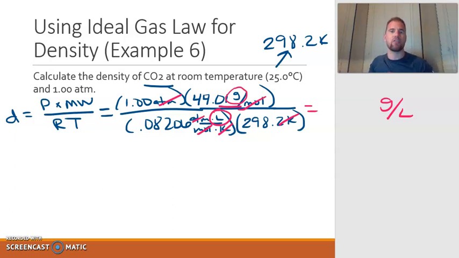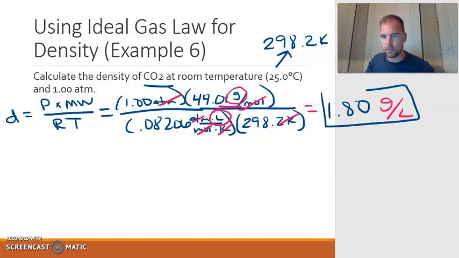We actually just leave it in grams per liter. All right, so all I have to do is just calculate this. Okay, and it looks like with 3 significant figures, my answer should be 1.80 grams per liter. So that's the answer for density.